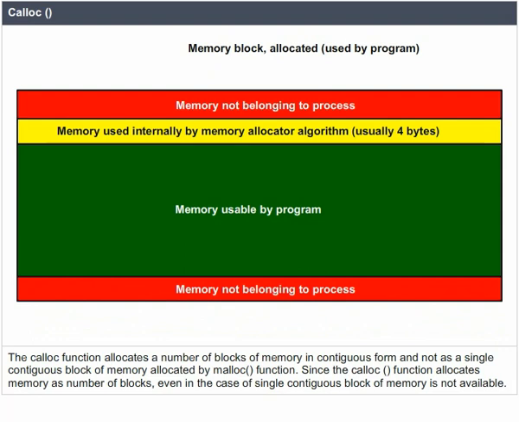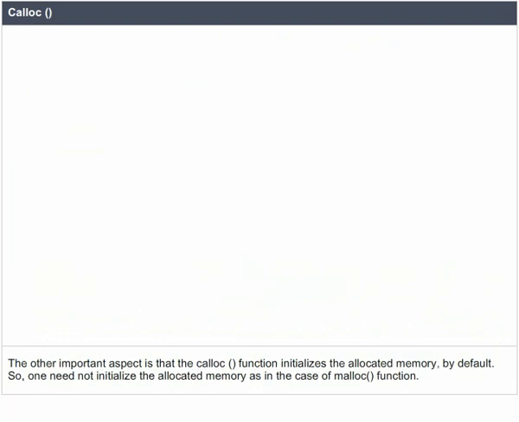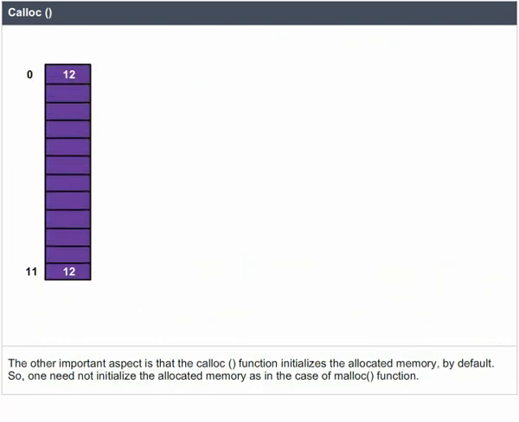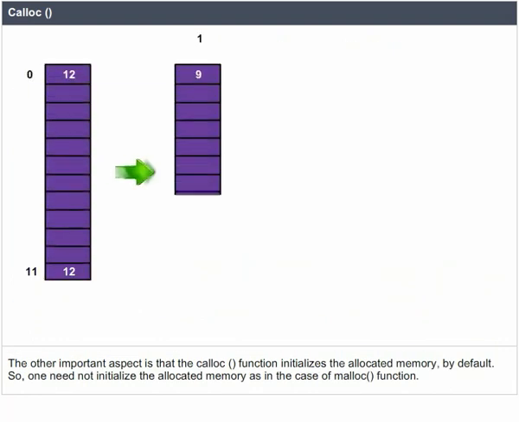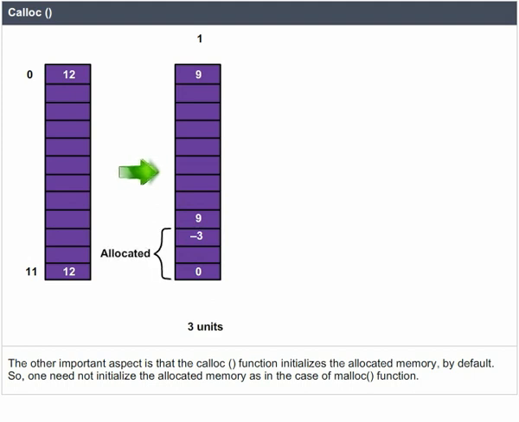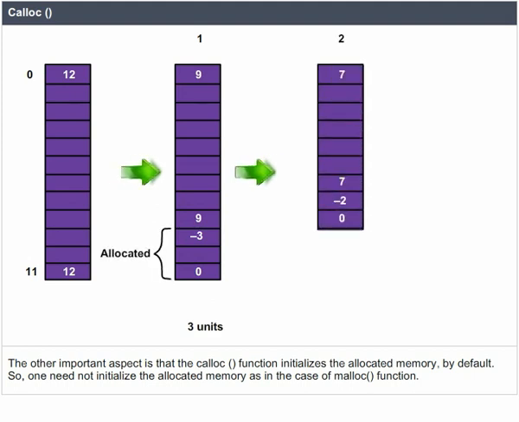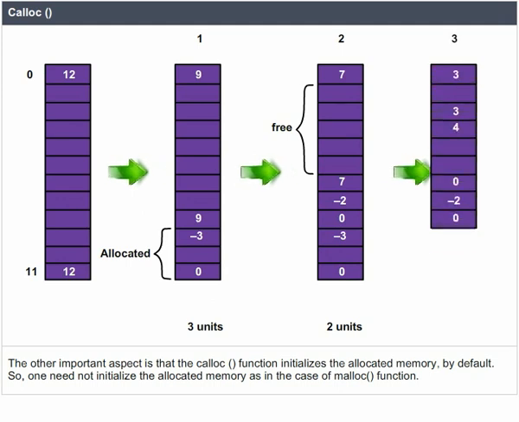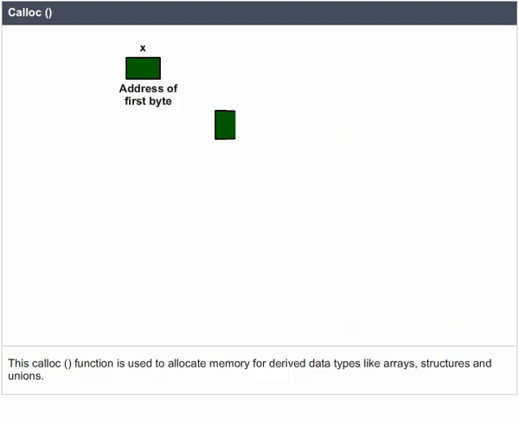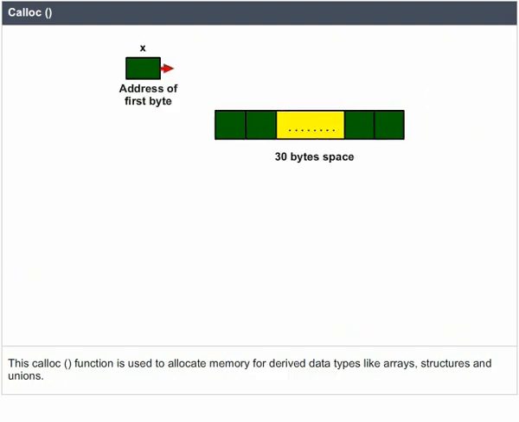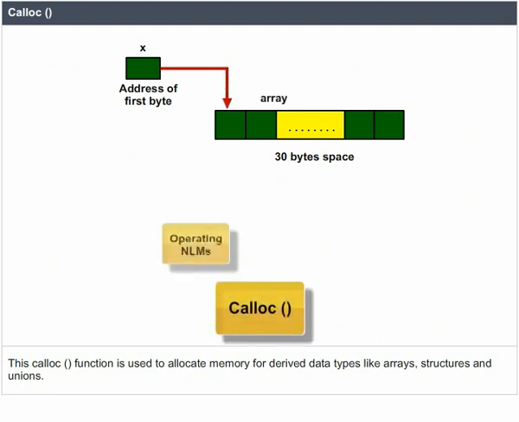The other important aspect is that the calloc() function initializes the allocated memory by default. So, one need not initialize the allocated memory as in the case of the malloc() function. This calloc() function is used to allocate memory for derived data types like arrays, structures, and unions.